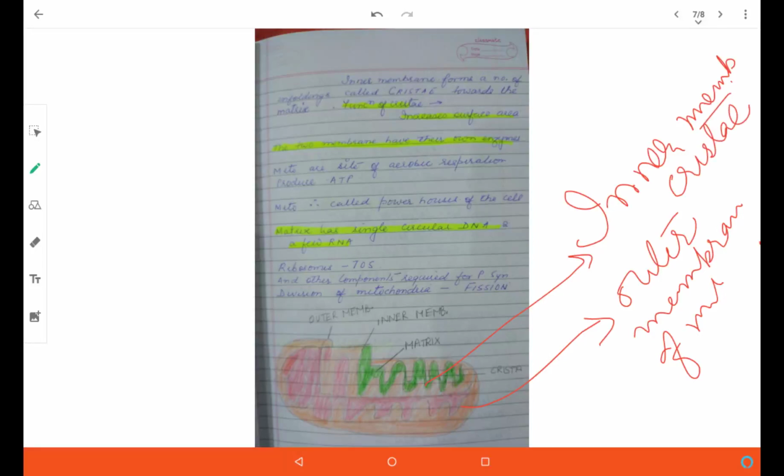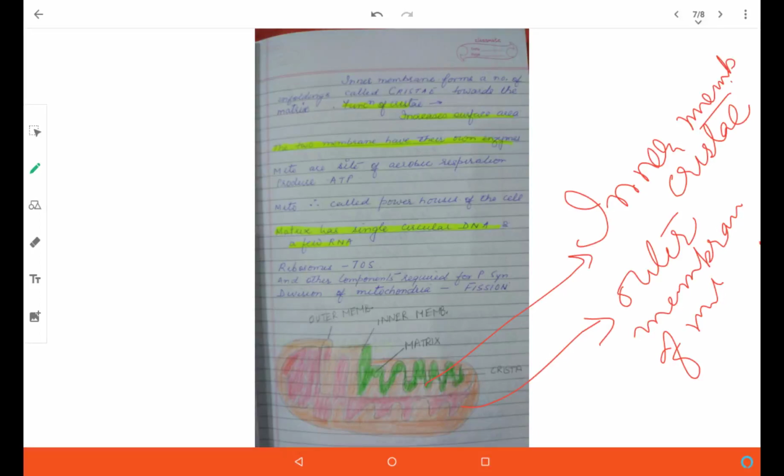These are finger-like folds which are created to enhance the surface area of the organelle. Cristae are, as I've told you, the infoldings of the inner membrane, and the outer membrane is a continuous one. The function of cristae, this infolding, is to increase the surface area.